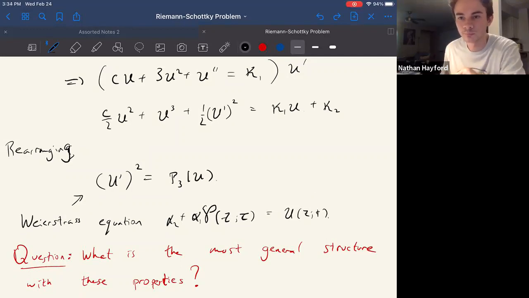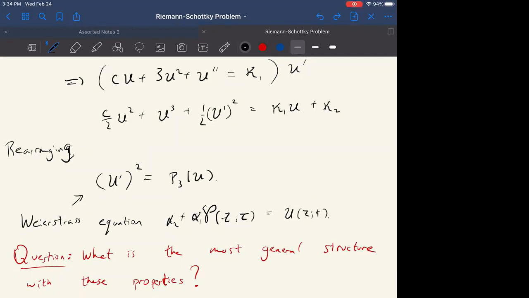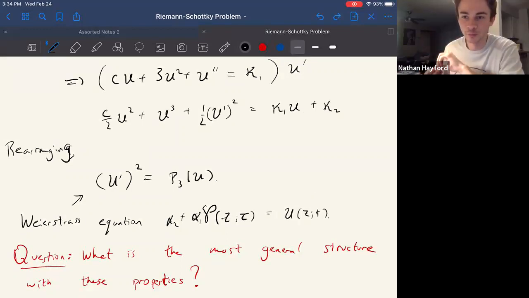Right, a Weierstrass function, which is a doubly periodic function with 2 poles. If you go back to the physical situation, what do these poles represent? Well, it depends whether this is supposed to be a solution representing something physical. If the poles lie on the real axis, then clearly it's not going to represent anything. It's just a wave that blows up.